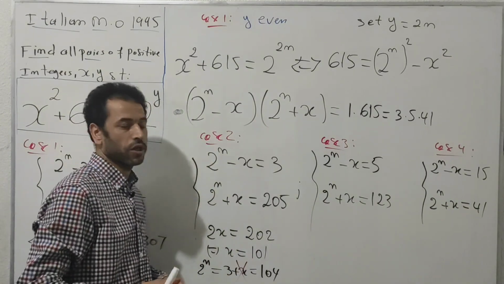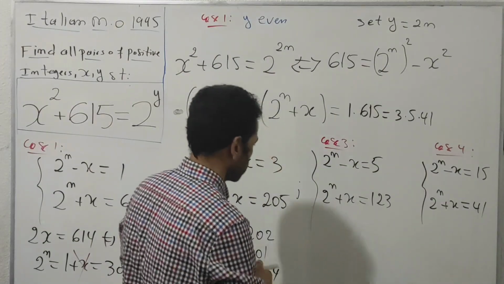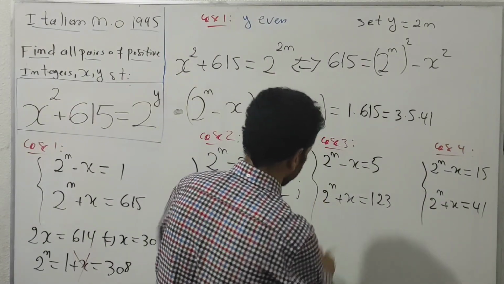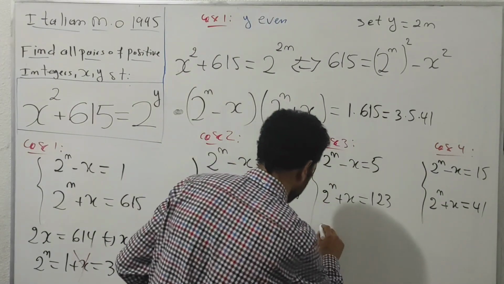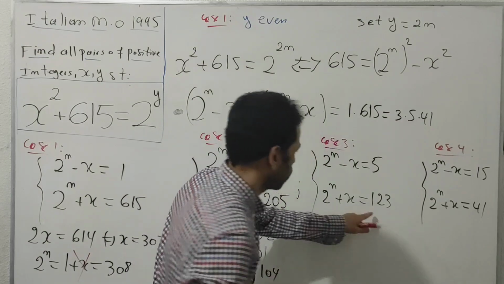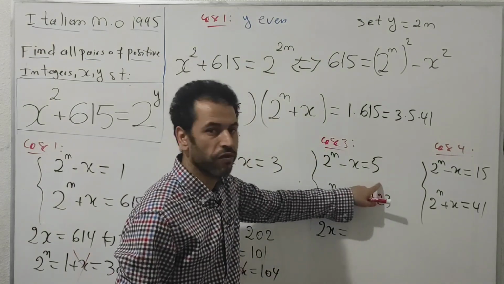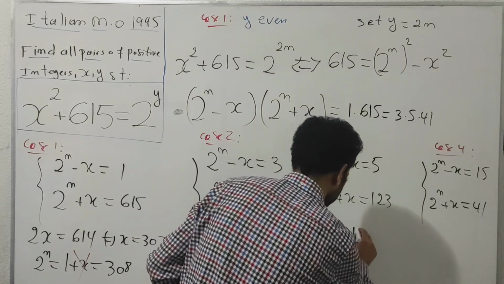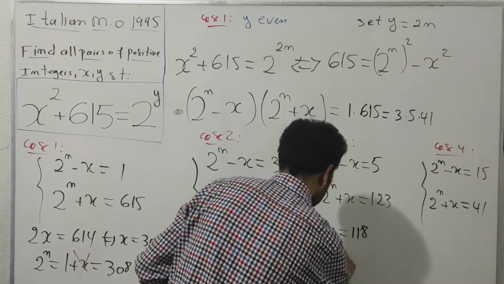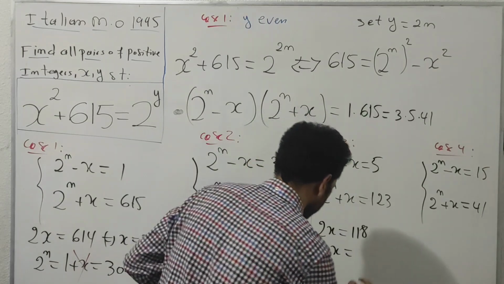Let's check the third case. By doing the same job, this one minus this one gives us 2x equals 123 minus 5, which is 118. So x equals 59.